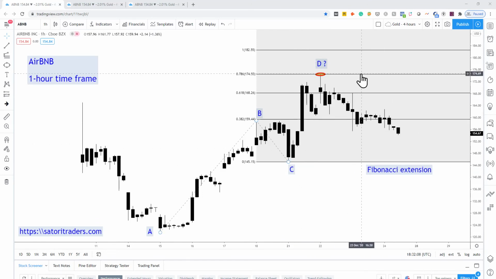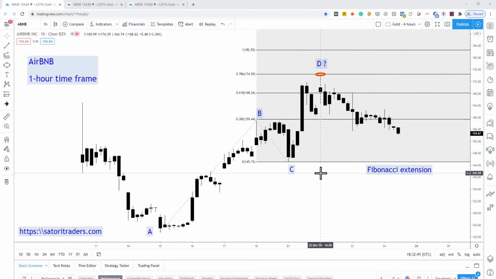And then what the Fibonacci extension gives us is a fourth point as a potential price target where the odds are higher that we will see a price reversal or at least a pullback. Basically, we're expecting some kind of price reaction at these levels of the Fibonacci extension tool.